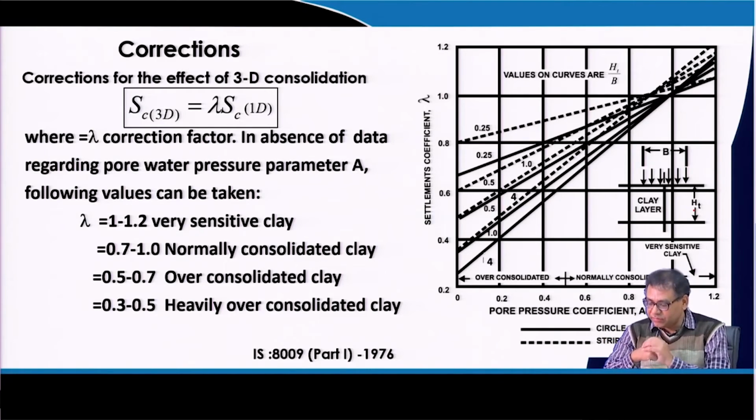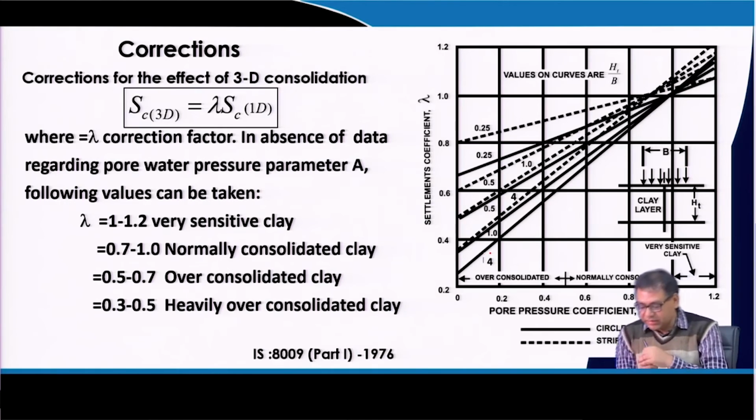The dotted line is for strip footing, and the firm line is for circular footing. The curves are for 0.25, 0.5, 1 and 4: the dotted ones for strip footing, and similarly the firm ones for circular footing.